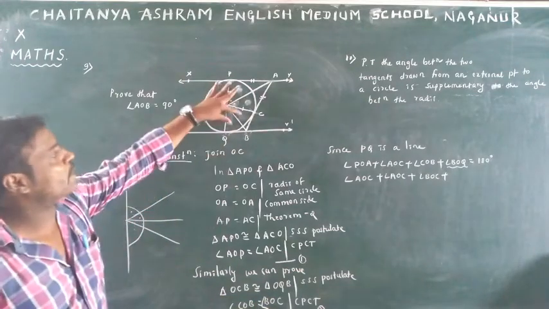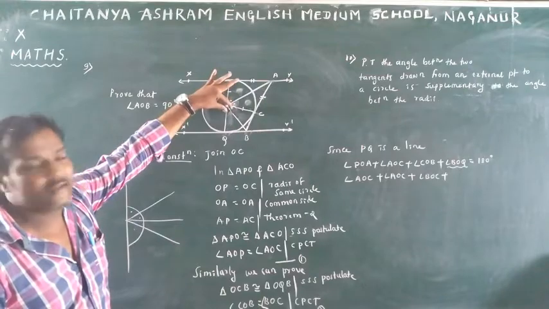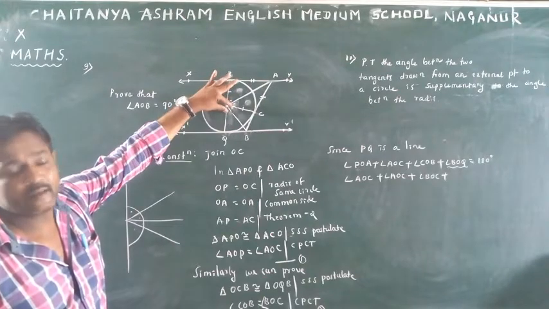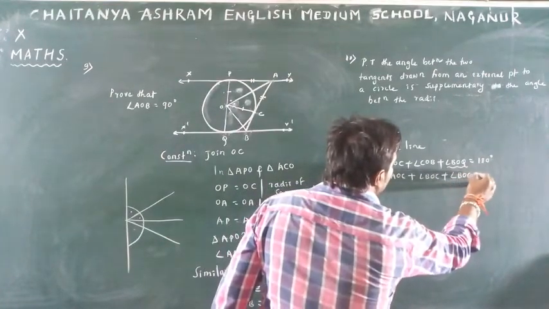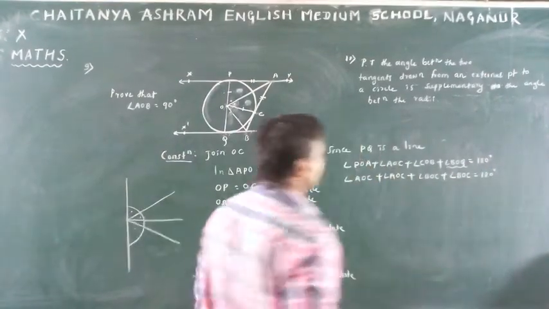Because these two triangles are congruent, these are corresponding angles and hence they are equal. That is, angle BOC equals 180 degrees.